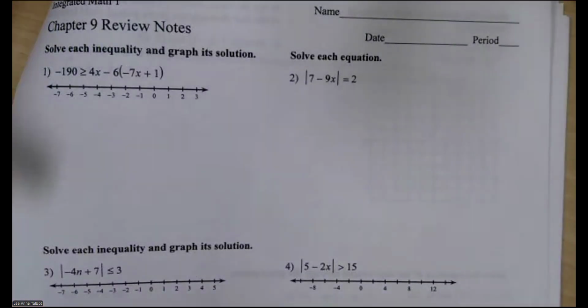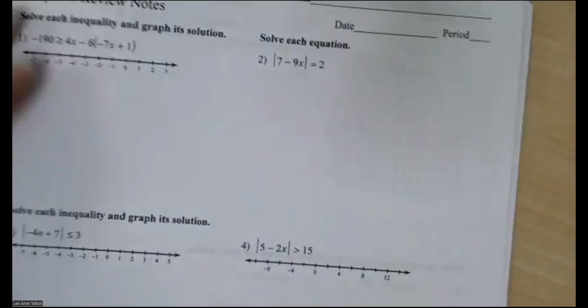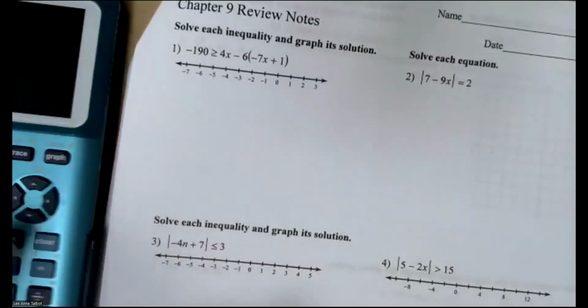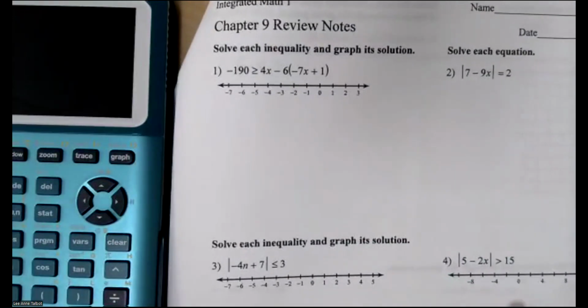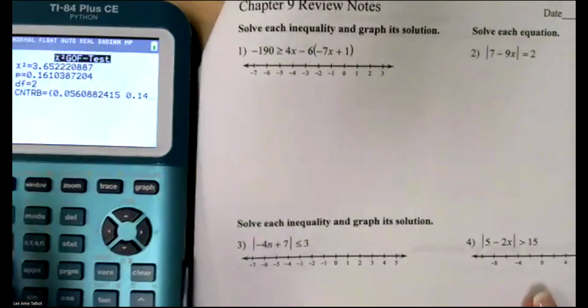Okay, last thing before our quiz, we're going to do this together. And it will be a good review for the quiz. This first one is basically just like one of the quiz problems.